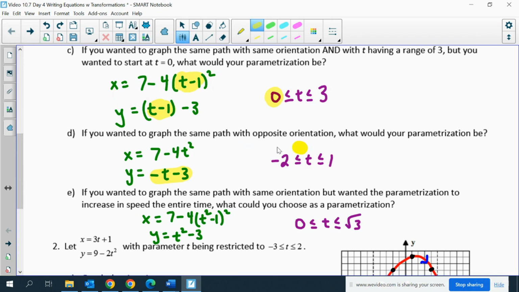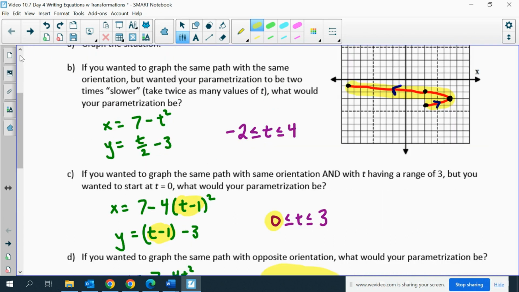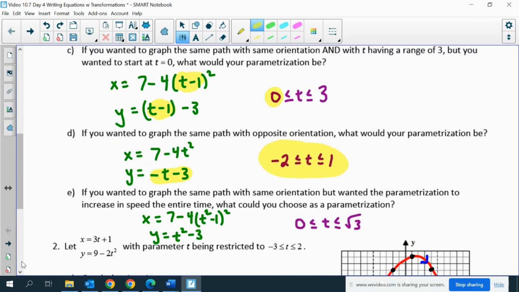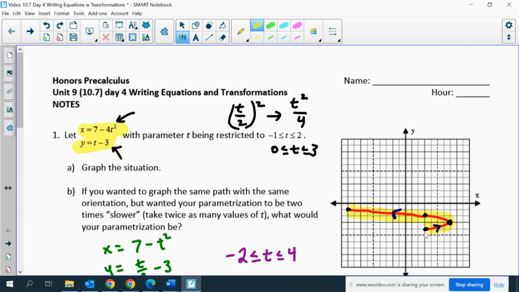And so notice I also had to change my t parameters as well, because if I plug in -2, I end up with -1 as my y value, which starts over here. And then if I substitute in +1, I end up with -4 as my y value, which is down here, which is what I needed it to be.